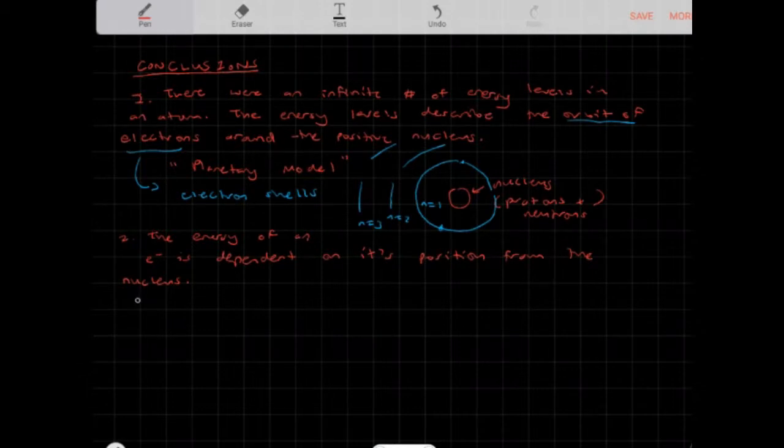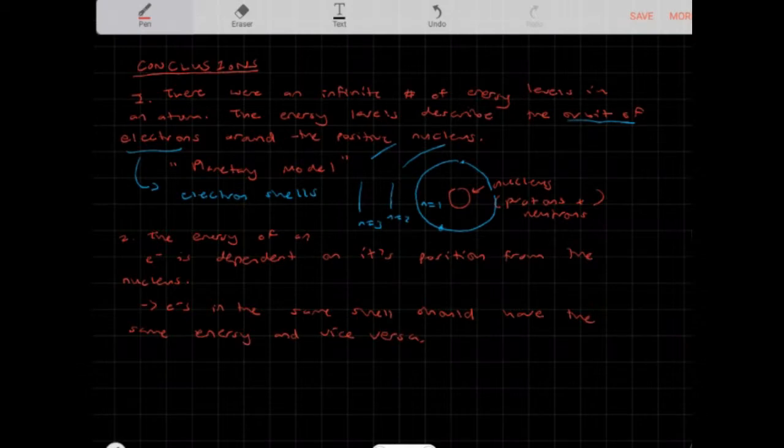And as a result, electrons in the same shell should have the same energy, and vice versa. Right, so this basically indicated that electrons in the same shell were the same distance away from the nucleus, and as a result they should have the same energy.